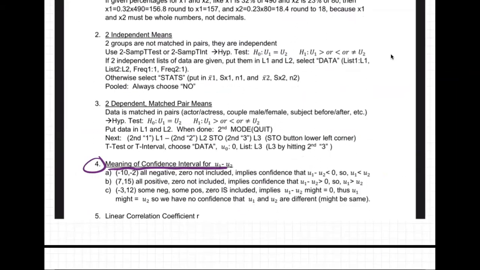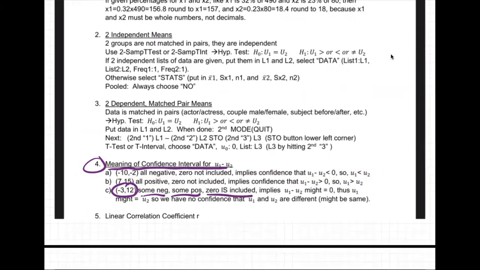It says if you have all negative, 0 is not included, that means mu1 is less than mu2. If you have all positive, 0 not included, that means mu1 is greater than mu2. If you have a negative and a positive, that's us. That's our situation right now. Some negative, some positive. Then what does that mean?